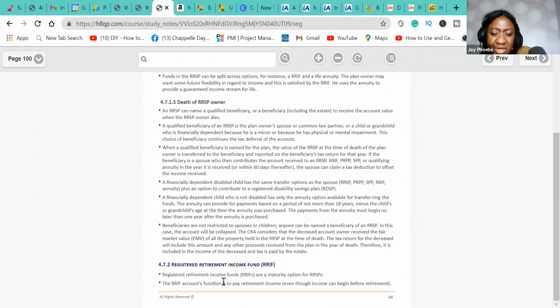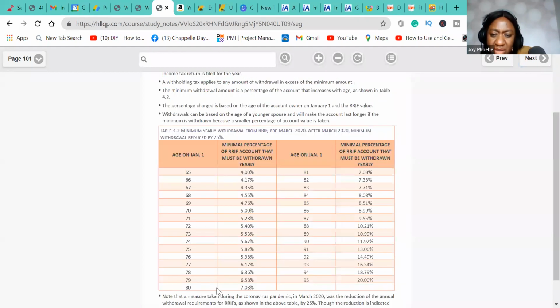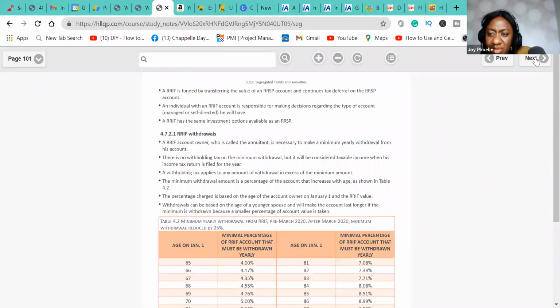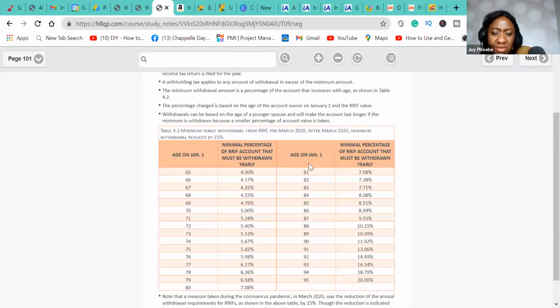Okay. Registered Retirement Income Fund. We talked about RIF. Well, RIF withdrawal, we have a chart here that talks about the minimum percent.